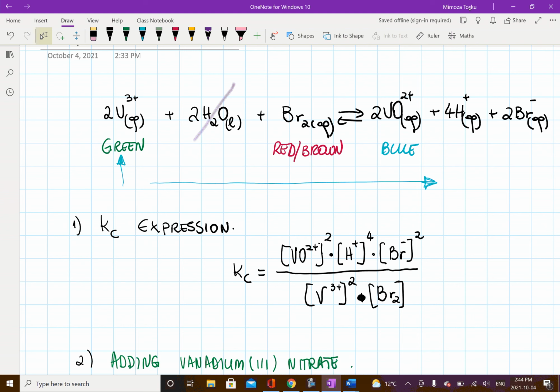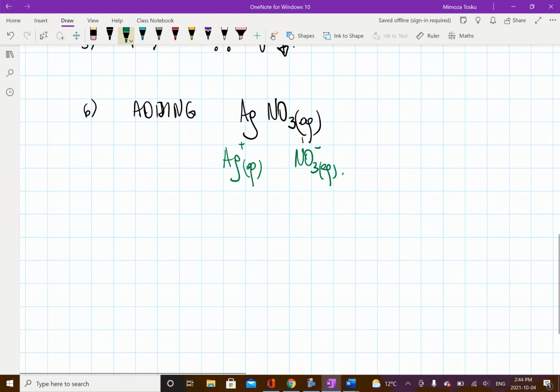The bromide ion is present in the solution, and when we look at the table of solubility, we notice that silver bromide creates a precipitate.